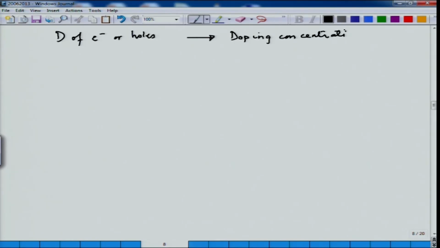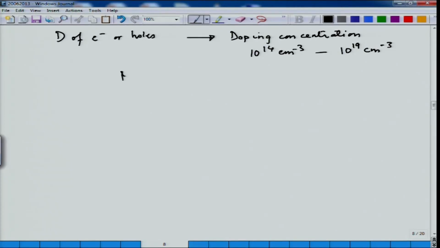If the doping concentration goes from 10 to the power 14 per centimeter cube to something like 10 to the power 19 per centimeter cube, how will my diffusion coefficient change? Whether it is donor or acceptor, how will it change? How would we find that expression?